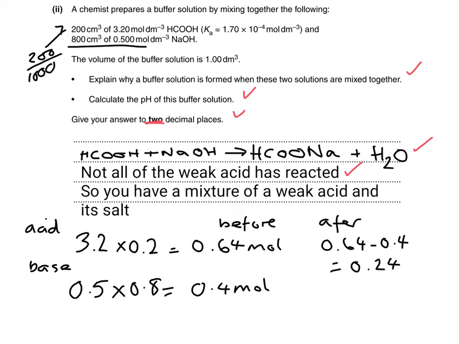And because for every mole of base, going by this equation up here, for every mole of base we formed 1 mole of salt, we have 0.4 moles of our salt at the end.